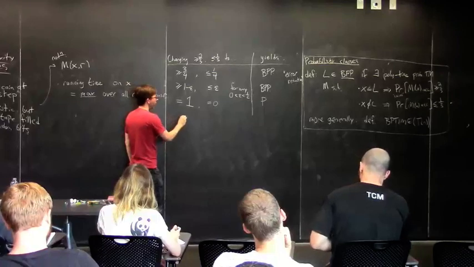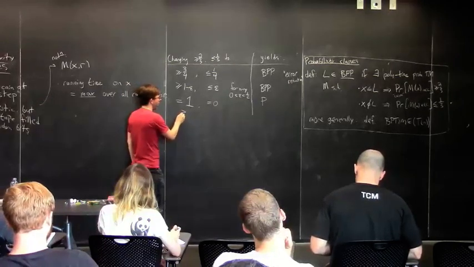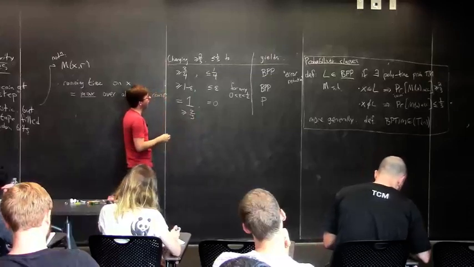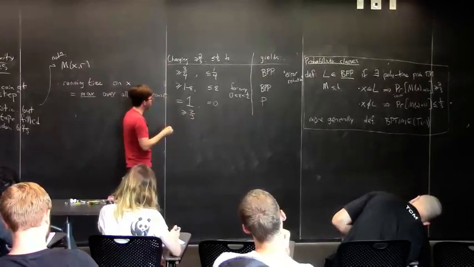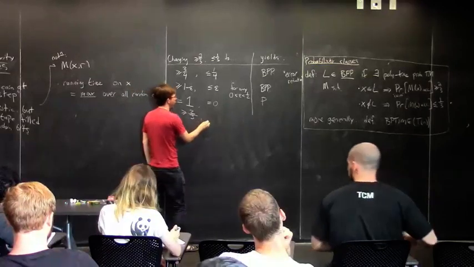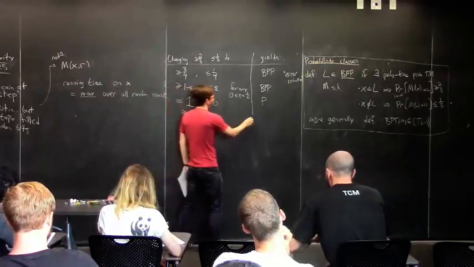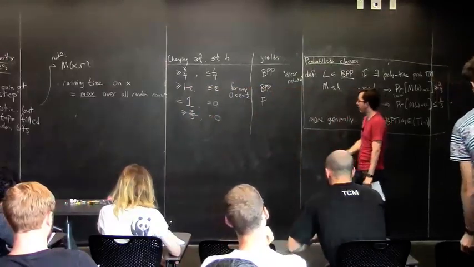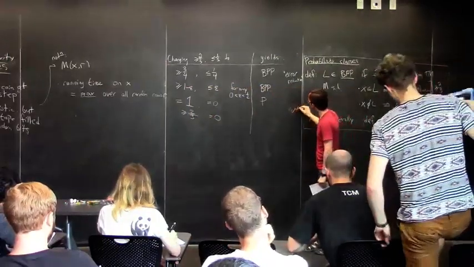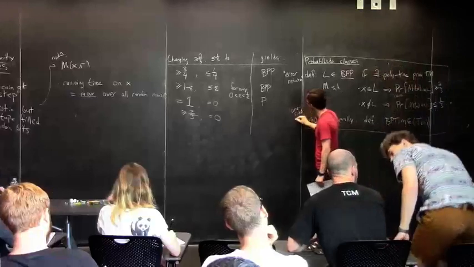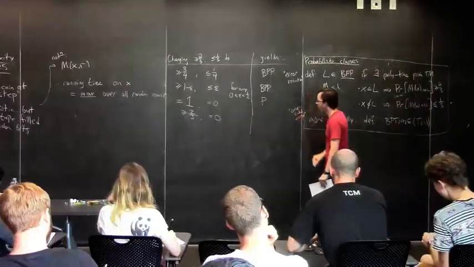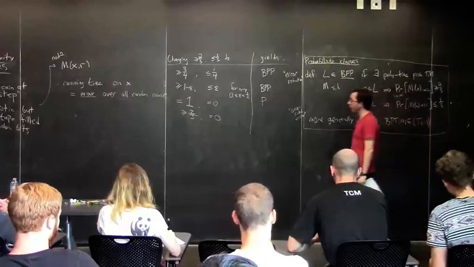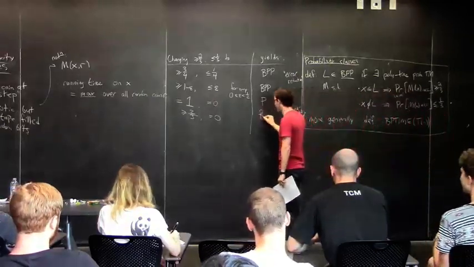So, for example, say you have an algorithm that accepts with probability at least 2/3 when the string is in the language, and when it's not in the language, it never accepts. That's quite common. It's called the one-sided error situation. That's like no false negatives or something. This defines a different complexity class called RP.